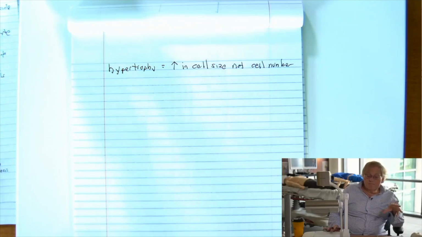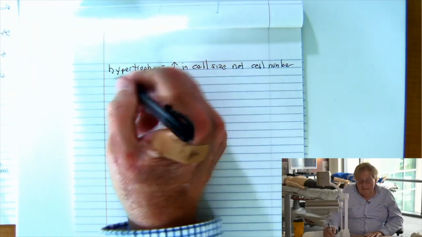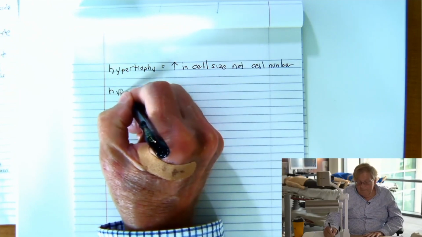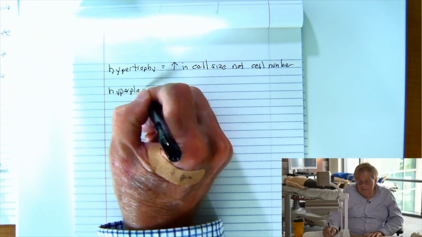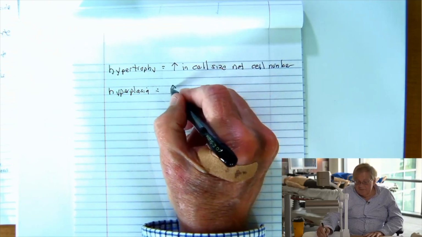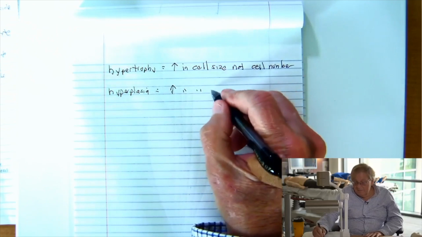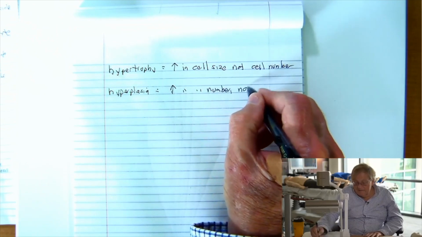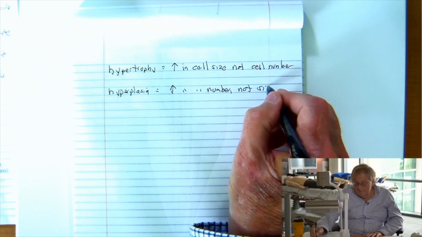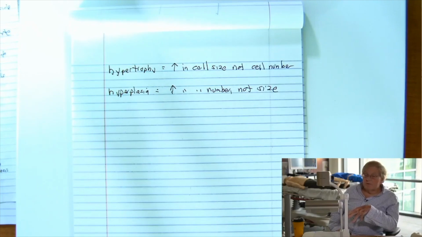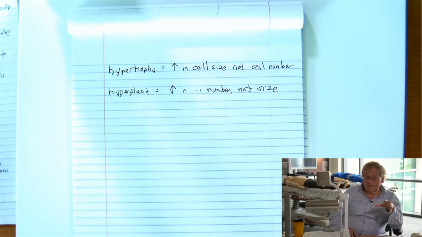Okay? So the difference between that is the word hyperplasia. Hyperplasia means I've got an increase in cell number, but not size. So when I think of a cancer condition, just remember that cancer really is uncontrolled cell division.